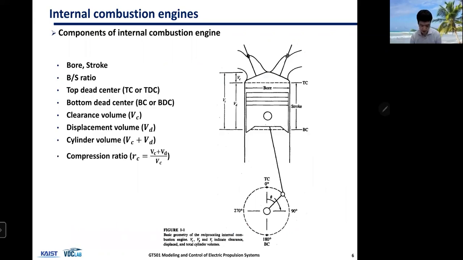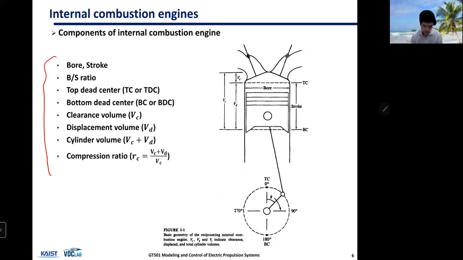If we take a closer look at the cylinder and the piston, there are these definitions and variables you might want to get familiar with. In this class, we're not going to go into details of how the engine works itself, but for you to understand the overall powertrain, you do need to understand how the engine works.